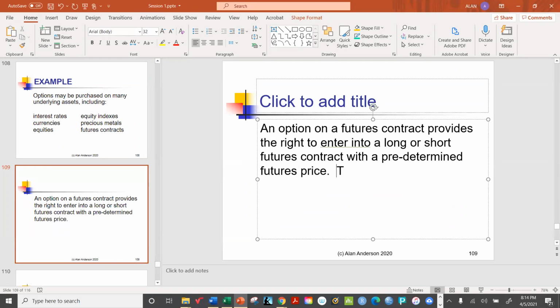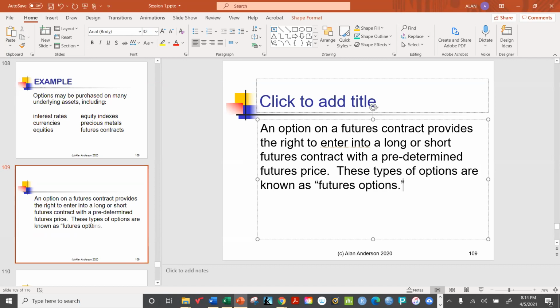So these types of options are known as futures options. Interestingly enough, futures options.